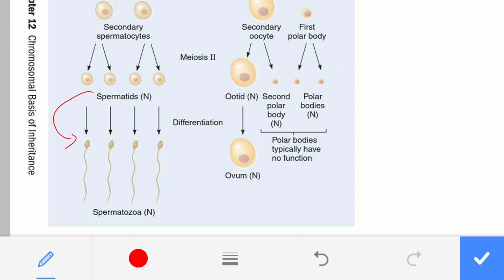So in this spermatozoa or the sperm, there are 22 autosomes. Then there will be sex chromosome Y, and here in ovum there will be 22 autosomes, and the last chromosome, that is the sex chromosome, is X.